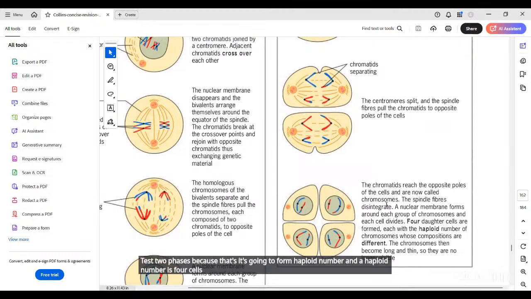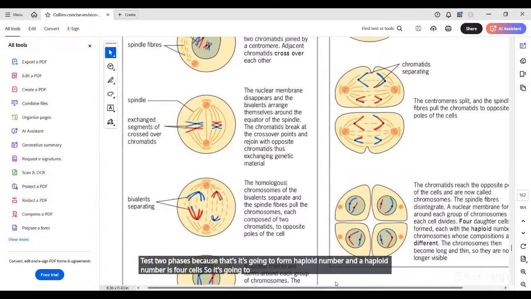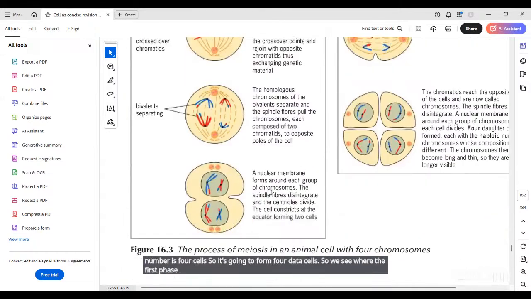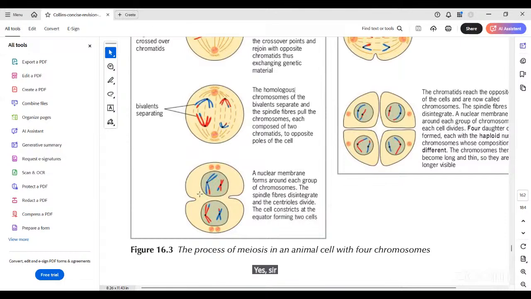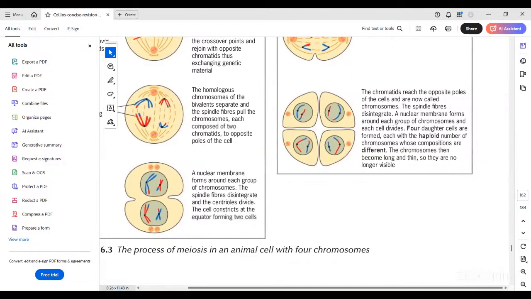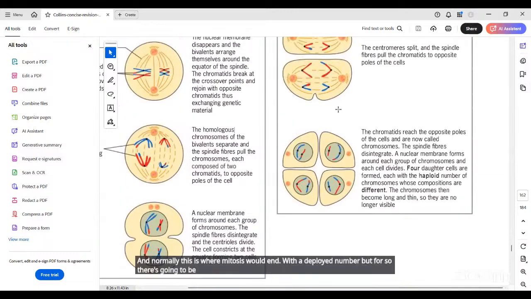So it's going to form 4 daughter cells. We see where the first phase has 2 daughter cells that are going to form here. We see that? Yes, sir. And normally this is where mitosis would end with a diploid number, but for meiosis, we want a haploid number. So we need 4.